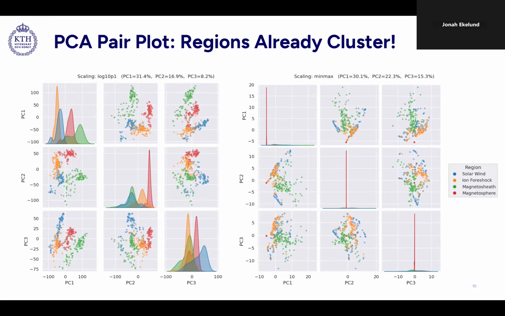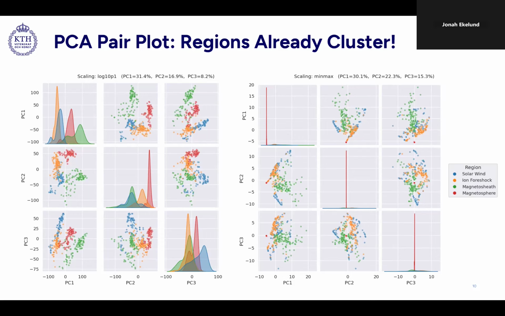But if we look at the log 10 scaling instead, you have much more distinct clusters for the different regions. So for this specific feature, it would seem that log 10 is the most appropriate, because we can see differences in clusters. The computer should also be able to find differences in clusters. I should say though that if you use min-max scaling, it becomes very good at finding the magnetosphere.